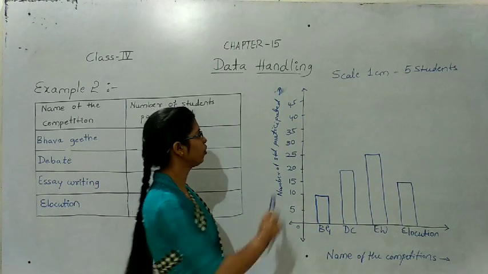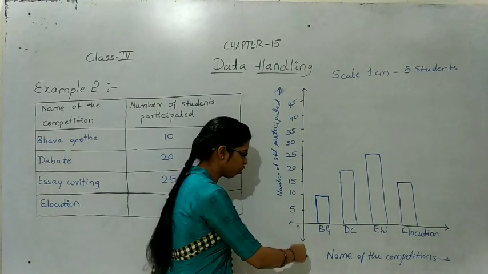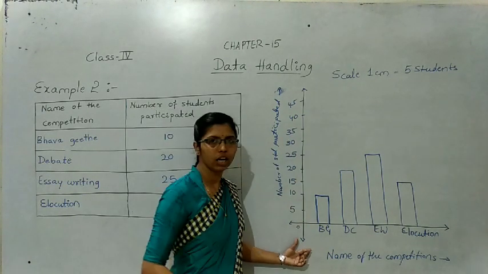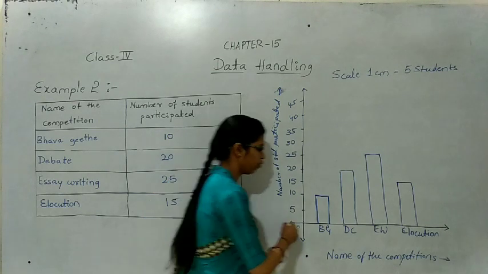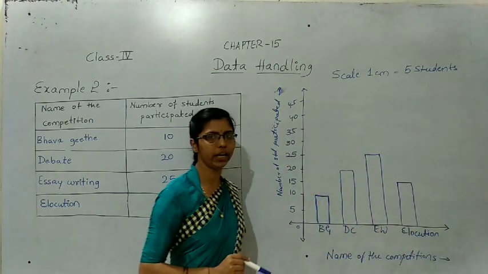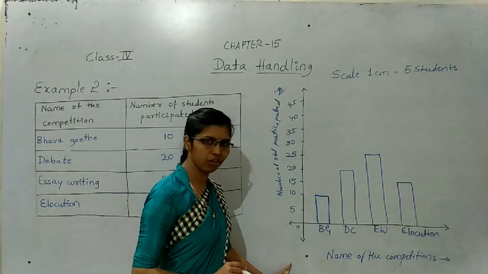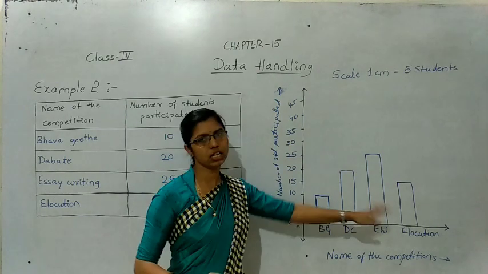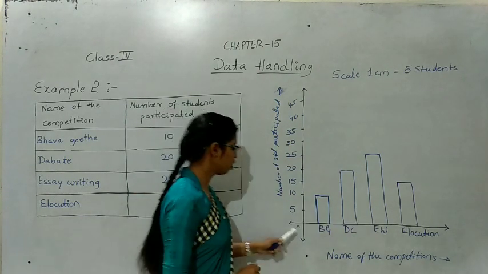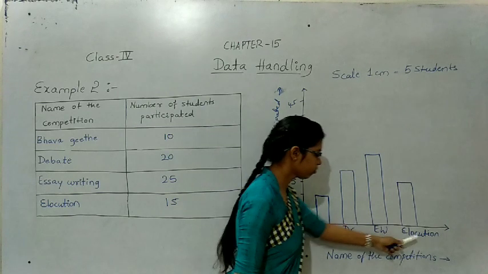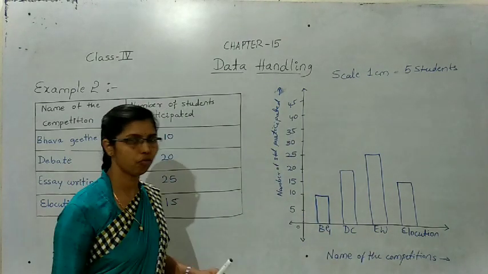See, first we will draw one vertical line and one horizontal line. Okay. First we draw one vertical line, another one is a horizontal line. So here how many competitions are there? 4.